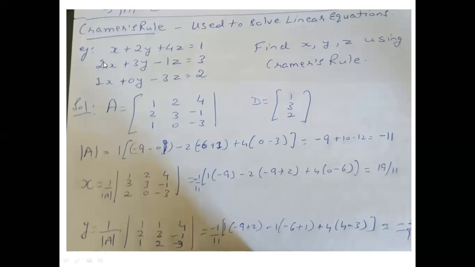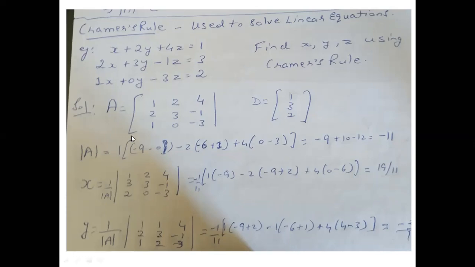The second equation has the coefficients 2, 3, minus 1, so we write it in the second row. And you have 1, 0, minus 3 in the third equation, so you write it in the third. And then some matrix D, which will be written column wise on the RHS. The RHS in the three equations is 1, 3, and 2, and D becomes 1, 3, and 2.